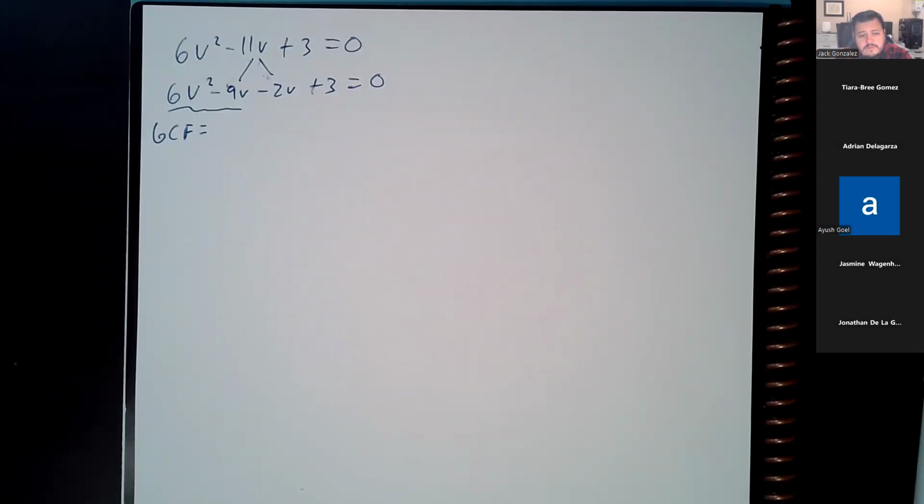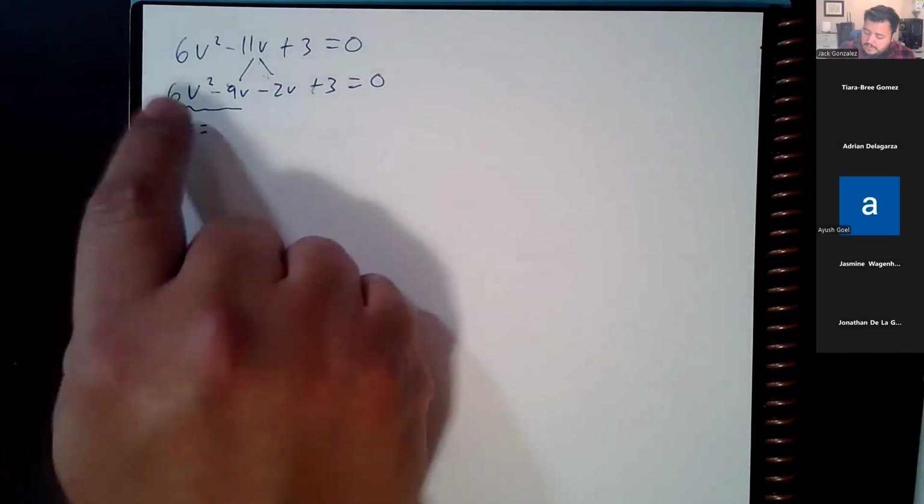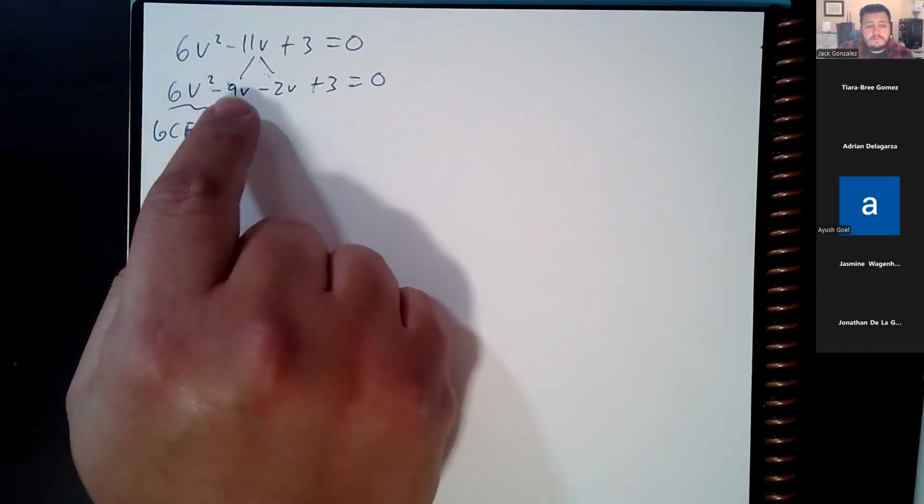Yeah, for sure they have a 3. What else do they have in common? Just the first two. I don't mean LCD. I mean just what can I factor out of both?